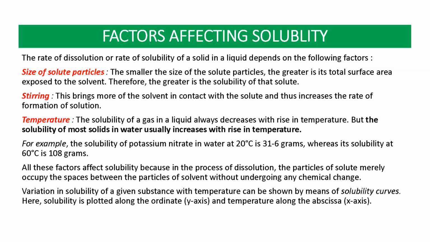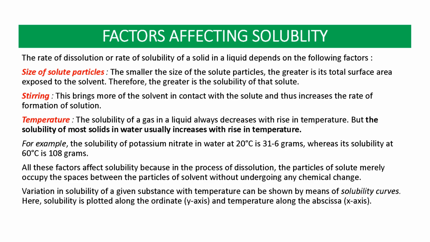Then stirring. This brings more of the solvent in contact with the solute and thus increases the rate of solubility. Then temperature. We know when we increase the temperature, solubility will also increase.